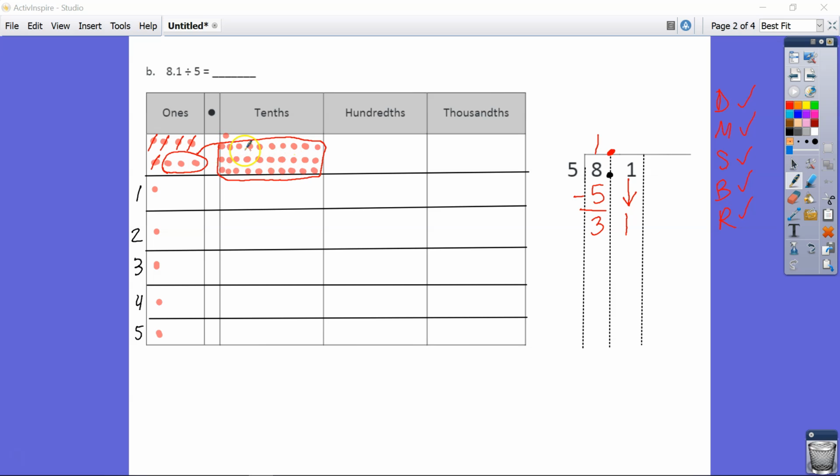Now I have 30 dimes or 30 tenths plus my 1/10 that I already had. Now that I regroup my 3 ones as 30 tenths, I can distribute my 31 tenths, because I had 30 that were regrouped plus my 1. Same thing here, my 30 that was regrouped plus my 1 that was in my original problem.